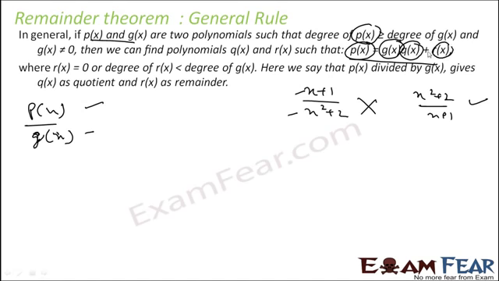Where this remainder will be equal to 0 if there is no remainder, or the degree of rx, the remainder, will be less than the degree of gx. And we say that when px is divided by gx, it gives qx as quotient and rx as remainder, where the degree of rx is less than degree of gx.